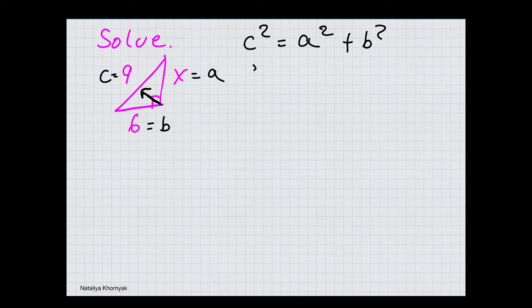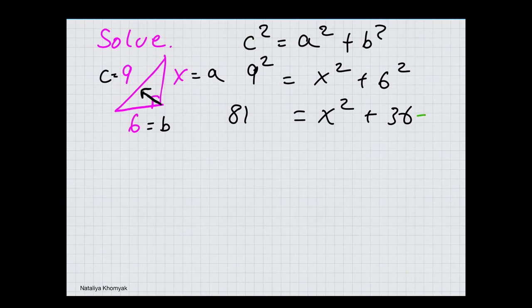So we have 9 to the second equals x to the second plus 6 to the second. We get 81 equals x to the second plus 36, minus 36 on both sides. The difference between 81 and 36 is 45, equals x squared.